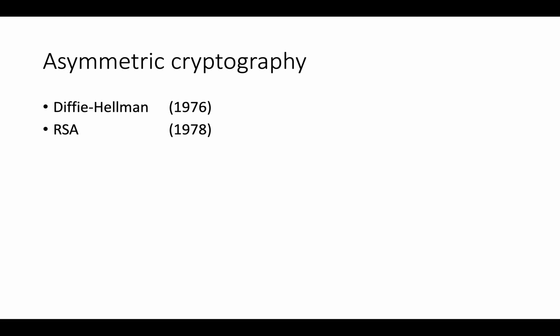We have seen two algorithms of asymmetric cryptography. Diffie-Hellman, invented in 1976, and RSA, invented in 1978, which we have seen in the TLS Basics and Fundamentals session. And to take advantage of both algorithms, there is one more protocol developed called HPKE, hybrid public key encryption.